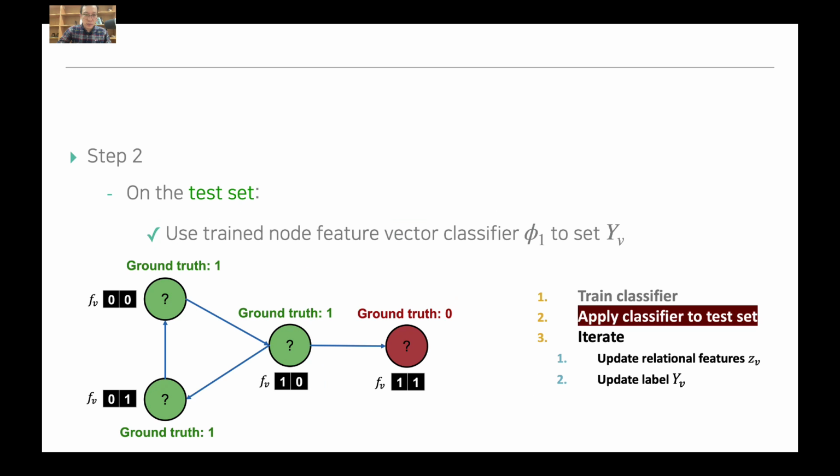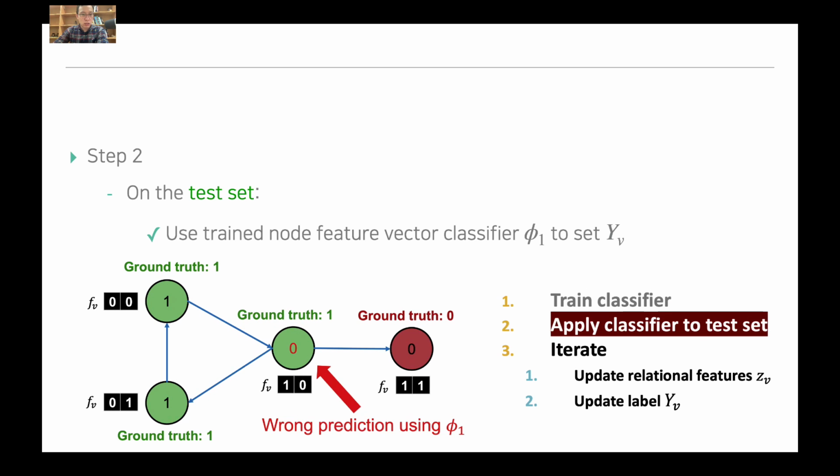And in step 2, we need to apply the trained classifier to the test set. On the test set, we use the trained node feature vector classifier to set the labels of node V. So this is an example.